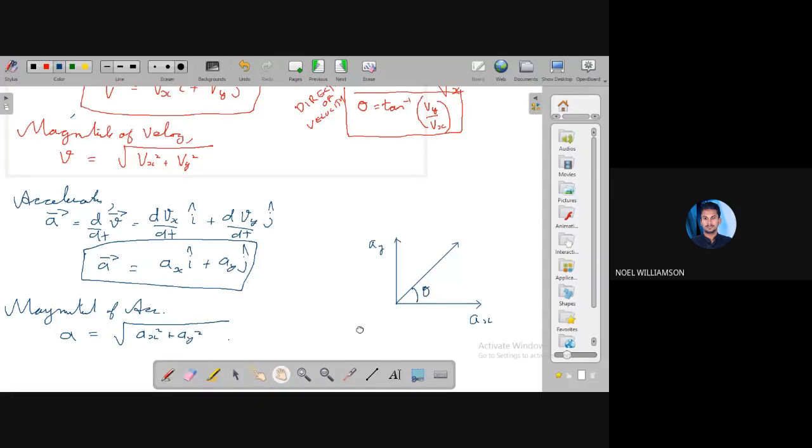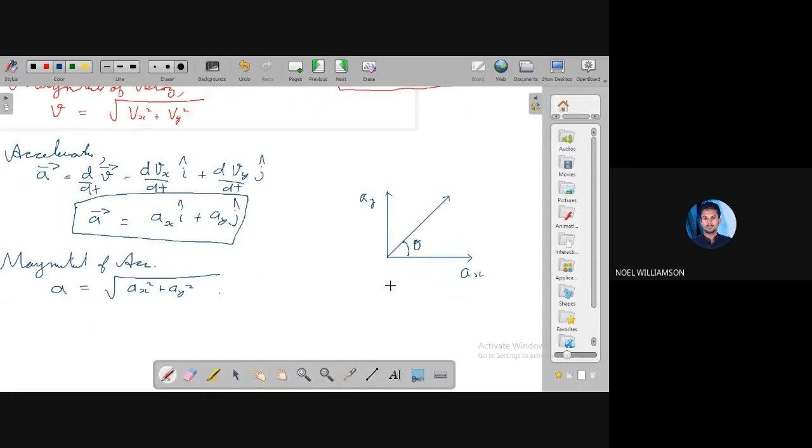Then theta will be equal to tan inverse ay by ax. This is the direction of acceleration.